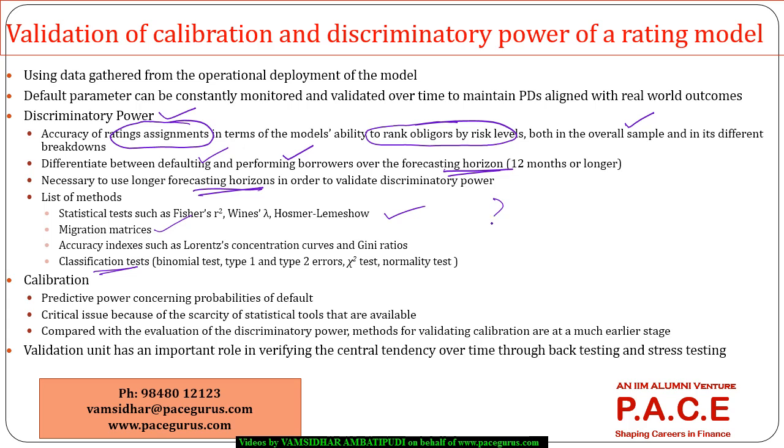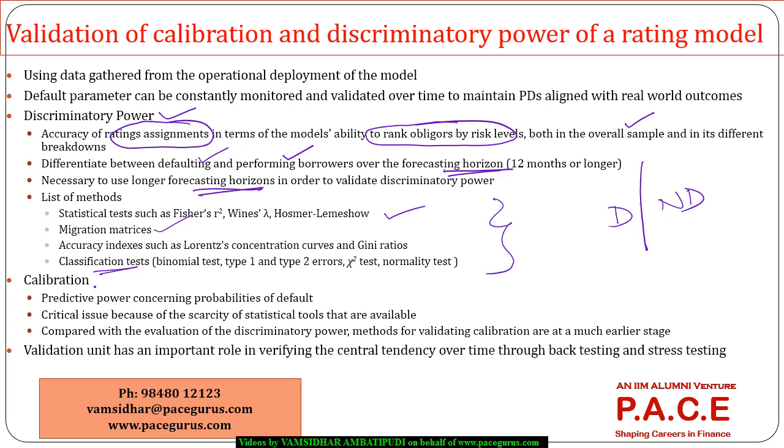All these are the various methods that can give me the accuracy of the model or the discriminatory power. Is the model able to differentiate between the defaulters versus the non-defaulters? What is the level of accuracy associated with the model in terms of distinguishing between the categories? That is what we are calling the discriminatory power of the model.